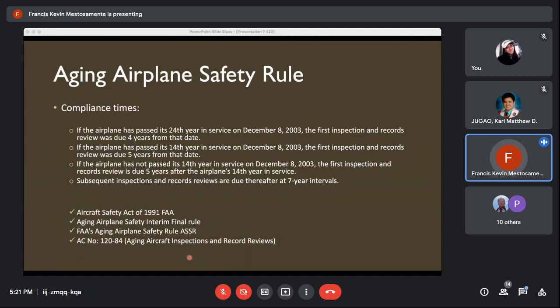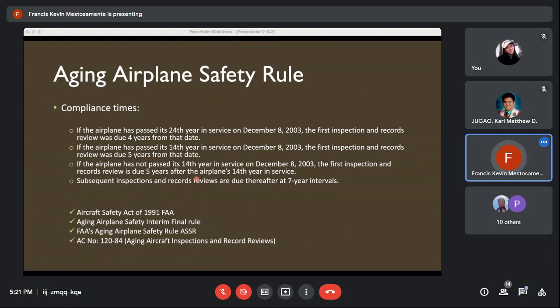Additional information, remember, we provide AC for additional information for the aging aircraft inspection and record reviews, for the year interval ng compliance mo, if an operator owns aging aircraft na masasubject sa Safety Act or sa AASR.